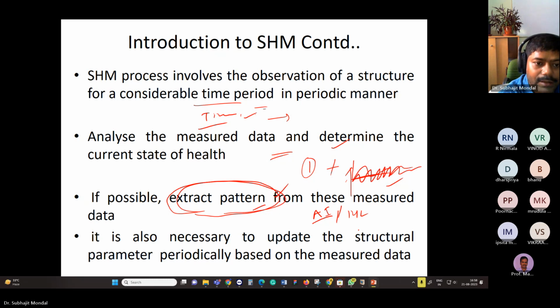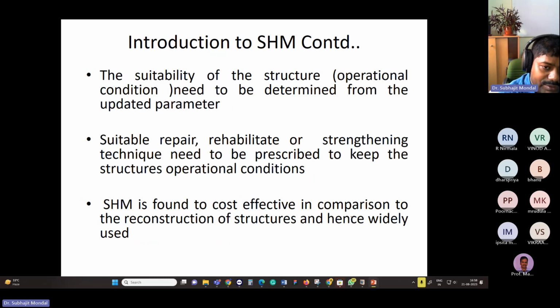Samuel Gucher sir already discussed this earlier. So if you have measured the data and you get some pattern, you can apply some machine learning algorithm or artificial intelligence to get the pattern, and from the pattern you identify whether there is damage in the structure or not. Now, if there is damage in the structure, then you have to go for suitable repair, revision, or strengthening method. Now here, what is the need?